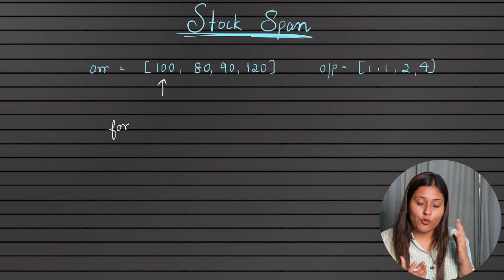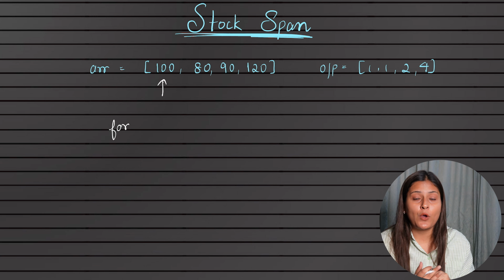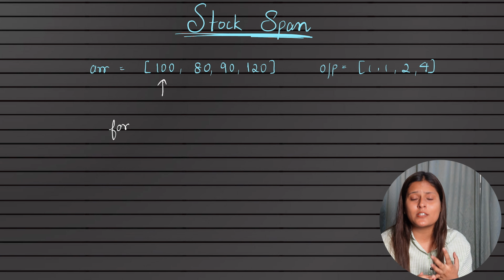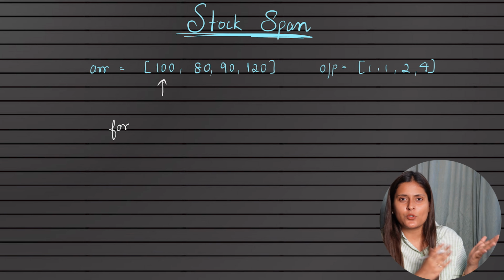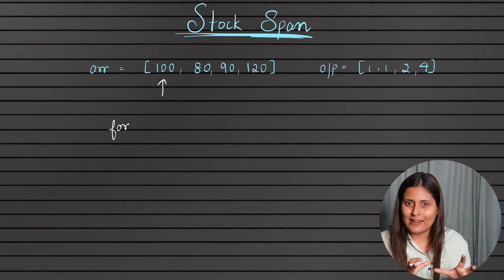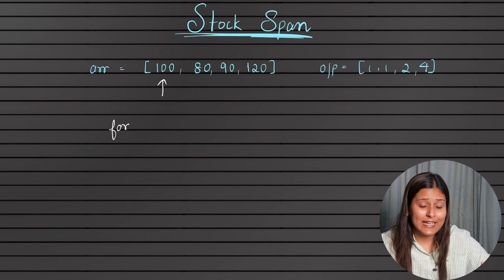Whatever I said, we have already discussed in our previous video. If you have not watched the basic standard problems of next greater element 1 and 2 from LeetCode and GFG, which we already did, then it would be difficult to follow what I said. But if you know this, it's good to go.